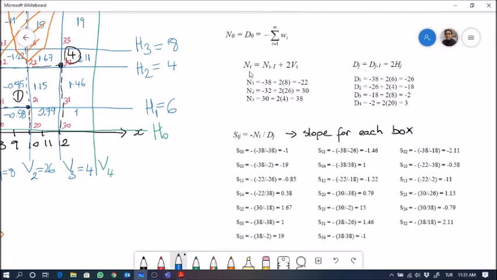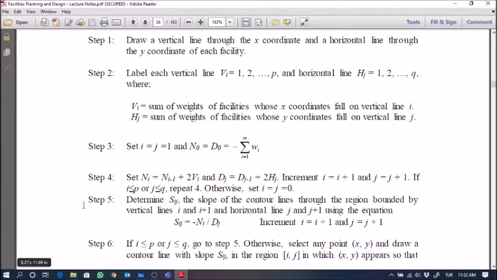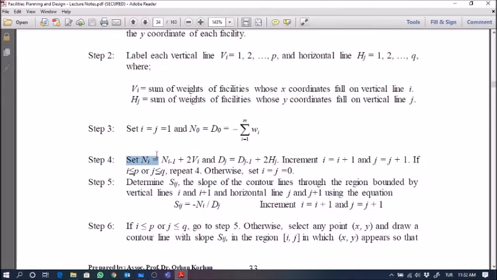Ni, on the other hand, in our algorithm at step number 4, Ni equals Ni minus 1 plus 2 times Vi, and Dj equals Dj minus 1 plus 2 times Hj.